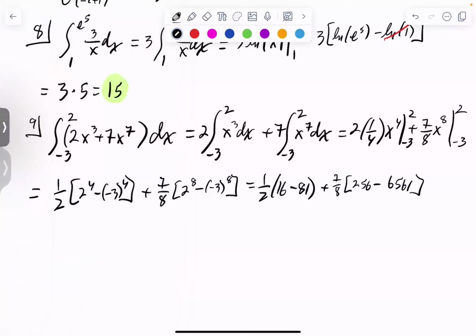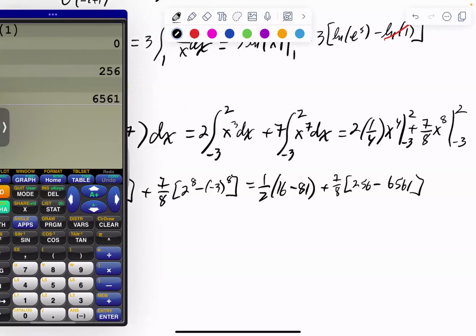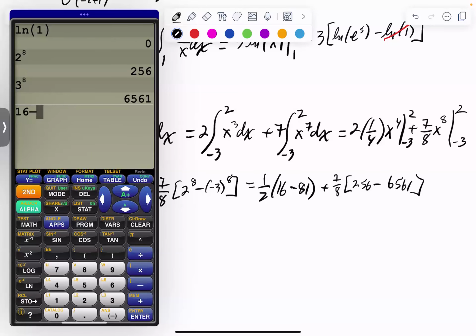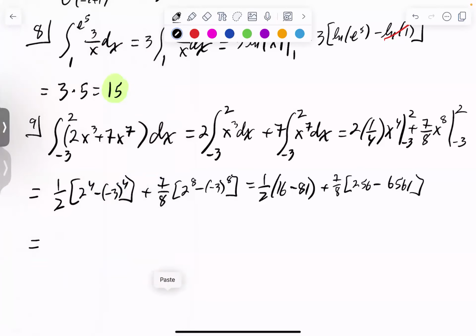And let's keep going. We got to be really careful with these constants here. So 16 minus 81. So I'm getting negative, what was it, 65/2.